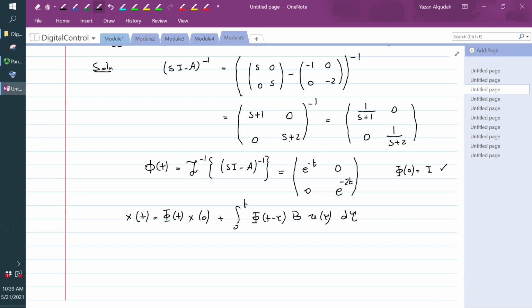Now, since the input is a unit step, again on the side, this u of tau is going to equal a 1 when tau is greater than or equal to 0. It's a unit step.